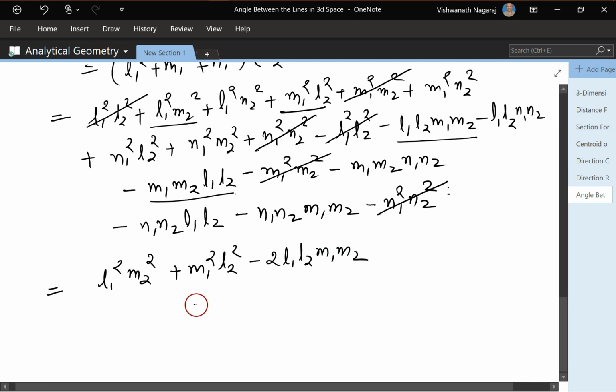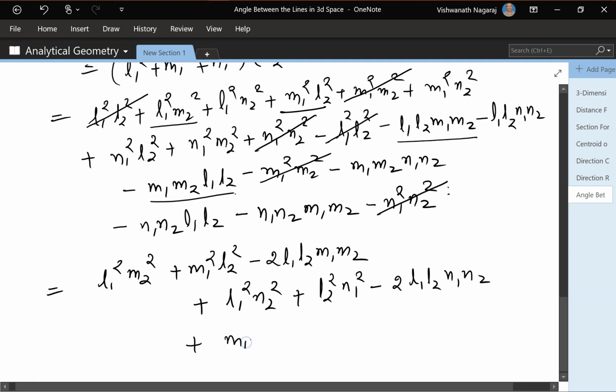Similarly, you will have l1 square n2 square plus l2 square n1 square minus 2 times l1 l2 n1 n2, and finally one more: m1 square n2 square plus m2 square n1 square minus 2 m1 m2 n1 n2.